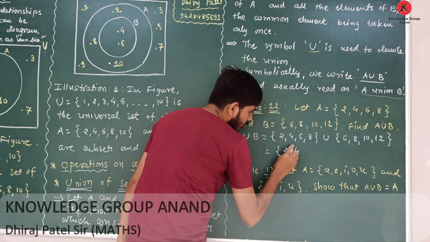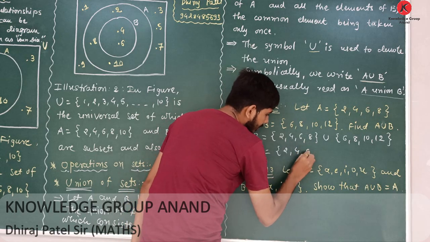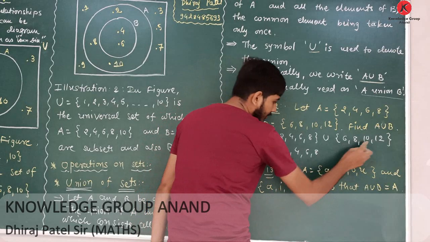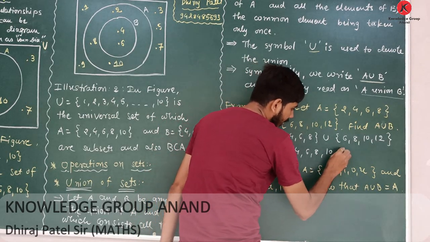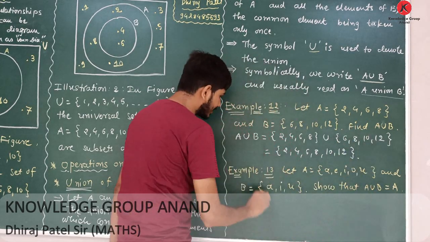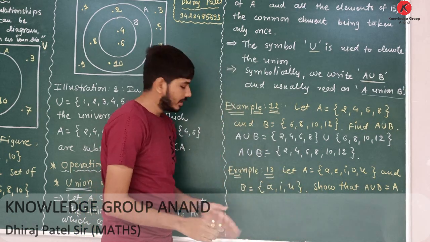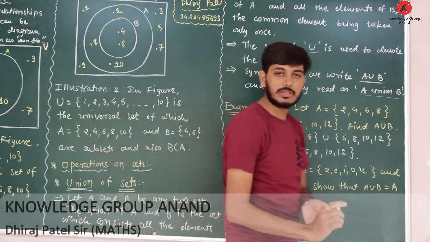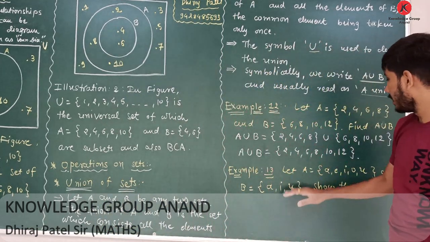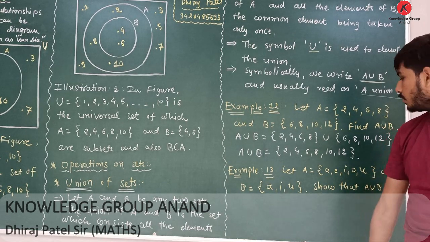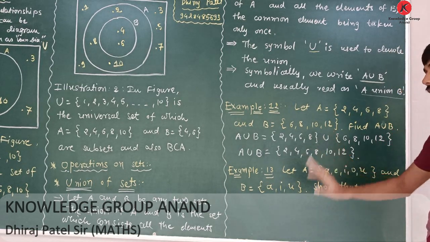We are getting 2, 4, 6, 8. Here 6 and 8 are already written, therefore you write 10 and 12 only. This is our A union B. It is quite an easy topic. A union B equals all the elements of sets A and B, written only once: 2, 4, 6, 8, 10 and 12.